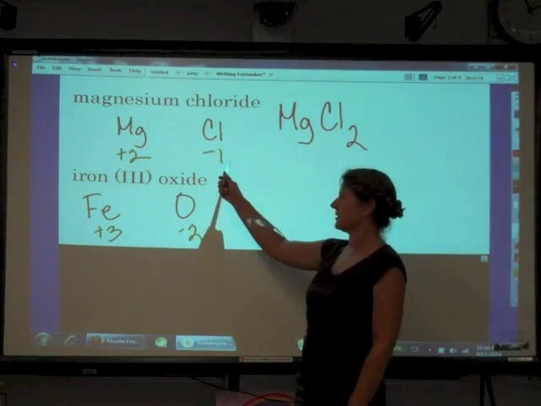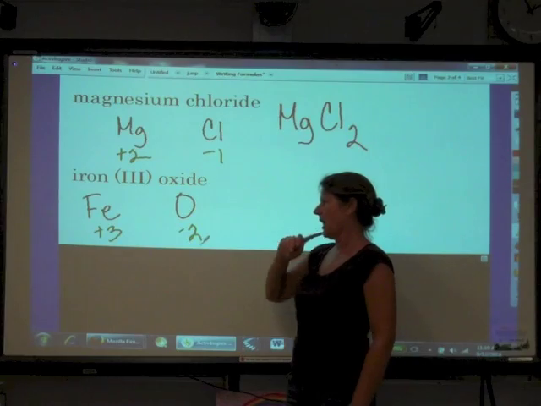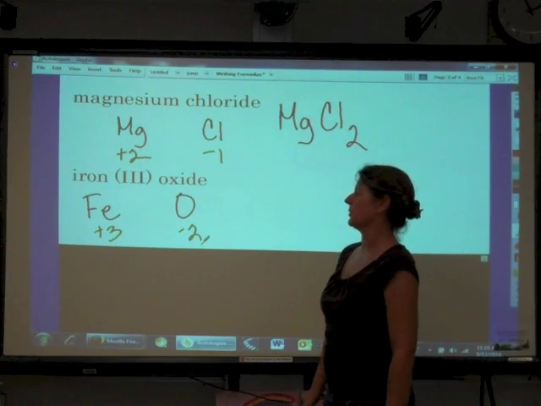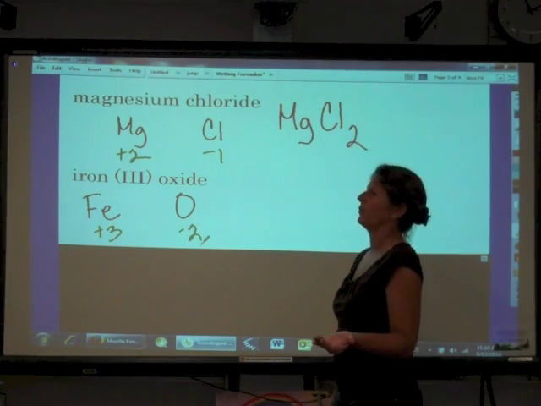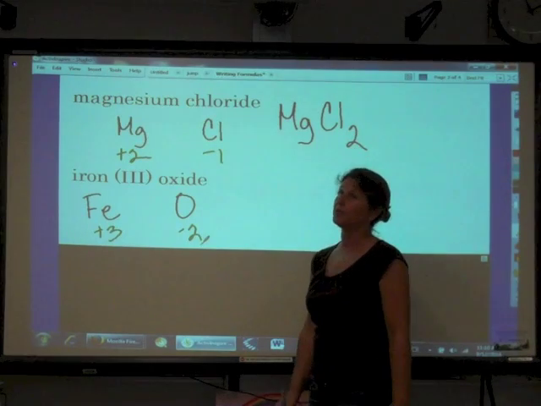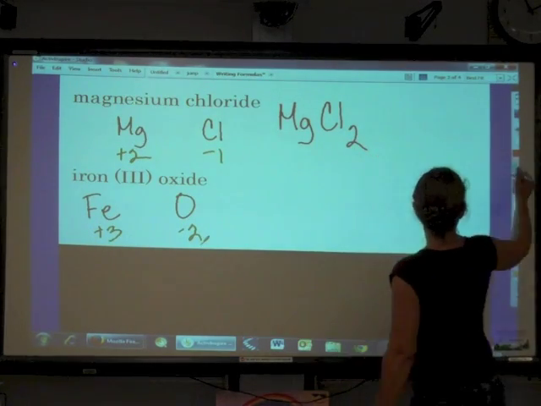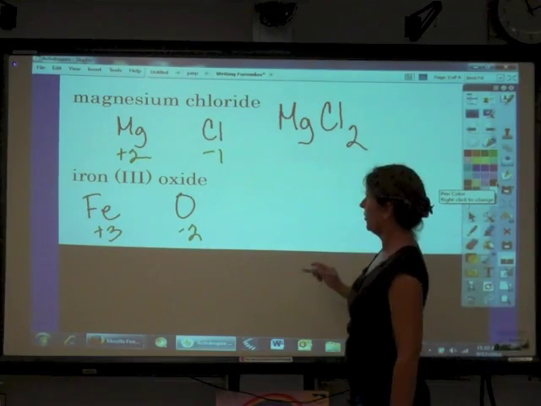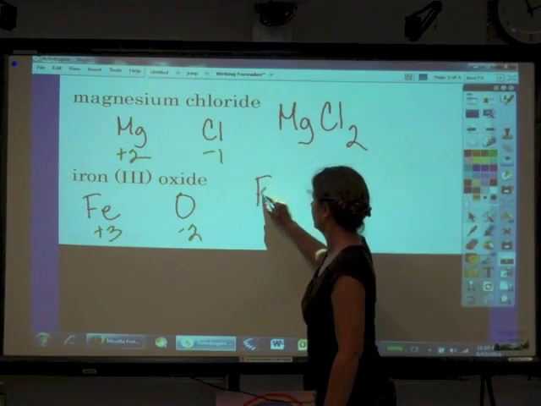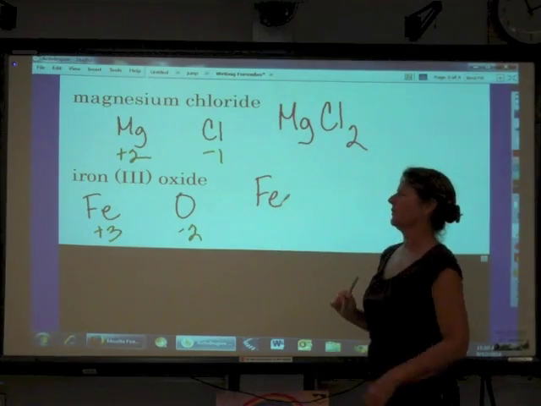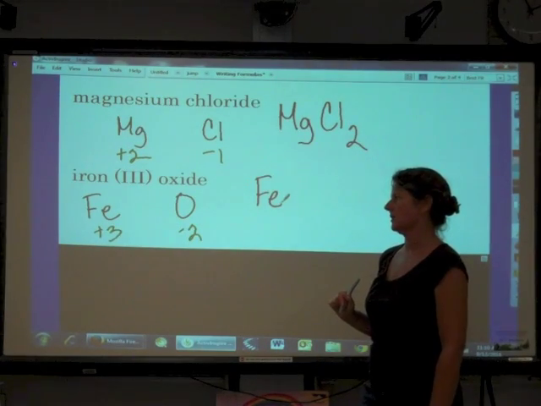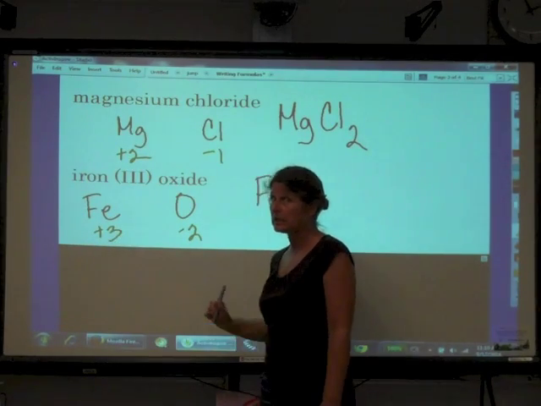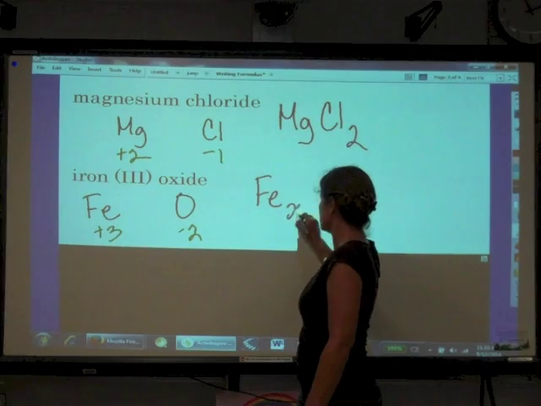It's not as simple as this one, where I just need 2 of them, right? I've got +3, -2. And so what I'm going to think of is their least common multiple. Their least common multiple is going to be 6. So because of that, I am going to say Fe. Now if their least common multiple is 6, 3 times 2 is 6, positive. So I'm going to say 2.